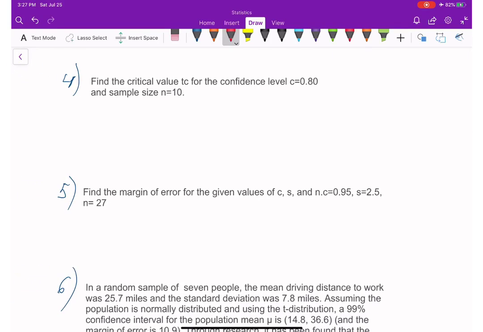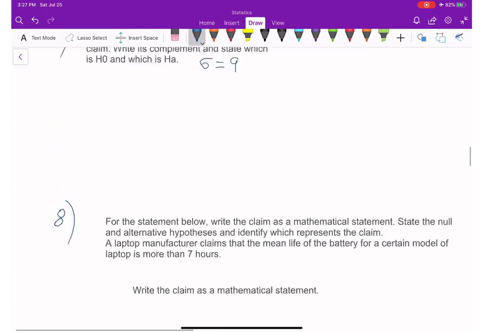Find the critical value for the confidence level where confidence level is equal to 0.8 and sample size is 10. All right? So to find the critical value, sample size is 10, that means we are going to look in the t-score table. Here I have the t-score table.